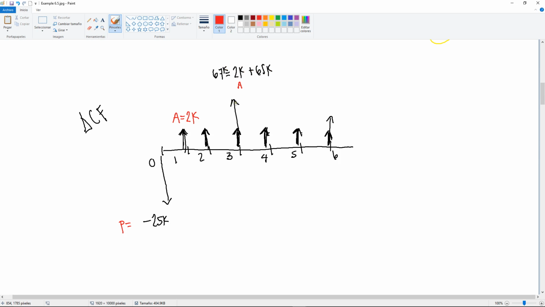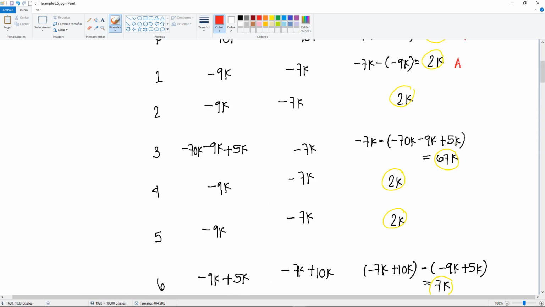Remember that we have a present worth relation. So this arrow right here is going to be an F in year 3. Eventually we will convert to P, so we have to move it to year 0 with find P given F. So this 67,000 will be 2000 plus 65,000. The 2000 is your A, and the 65,000 is an F in year 3.